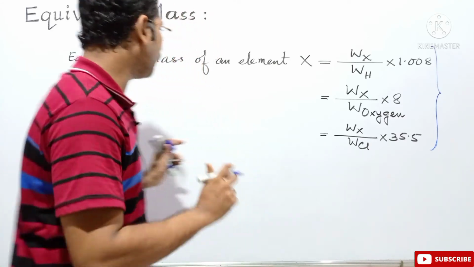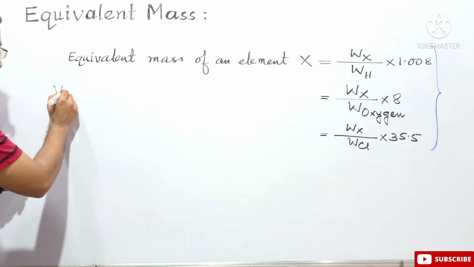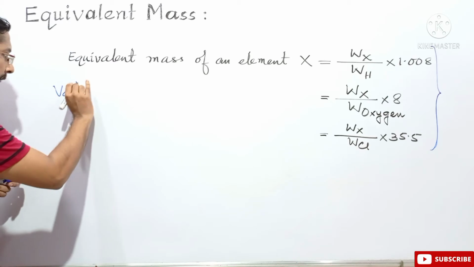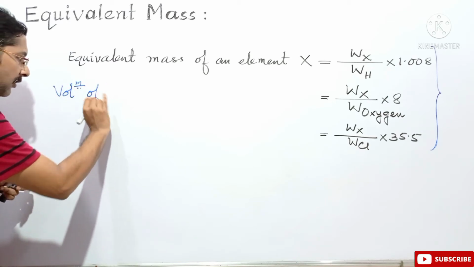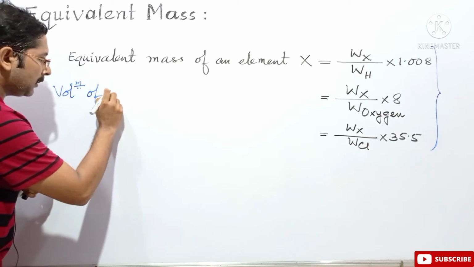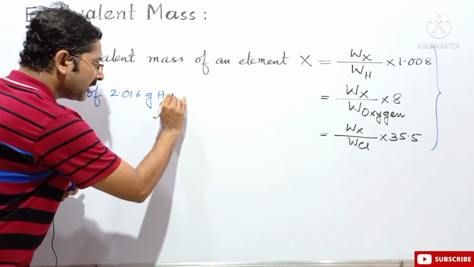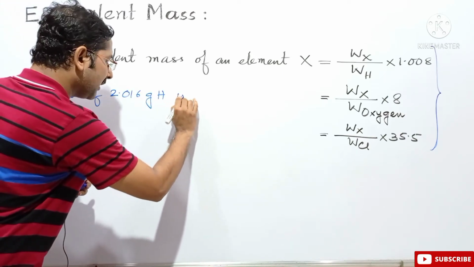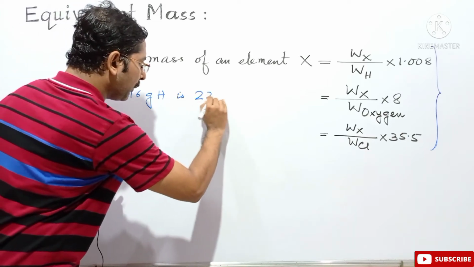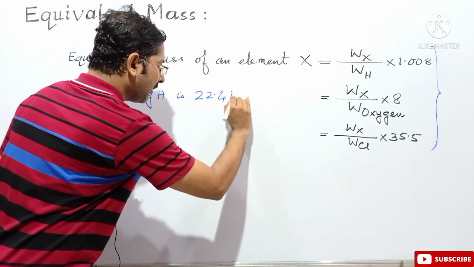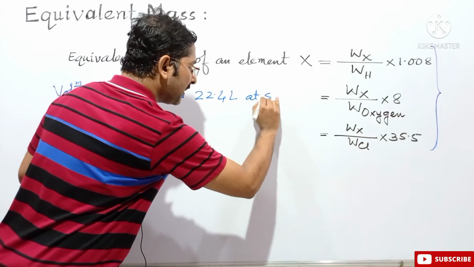So look here carefully. We know at STP the volume of 2.016 gram of hydrogen is 22.4 liter, of course at STP, isn't it?